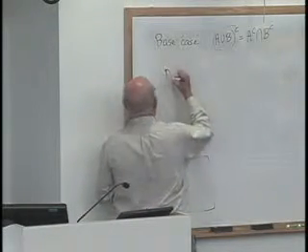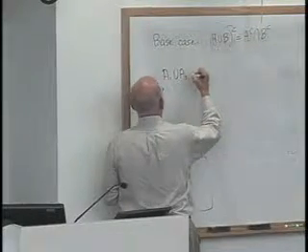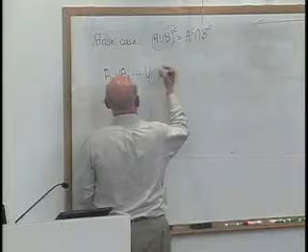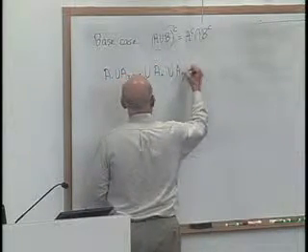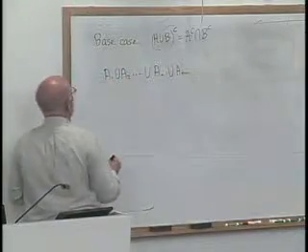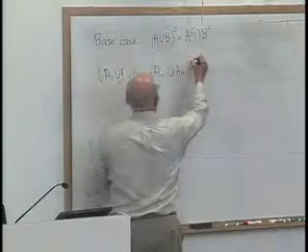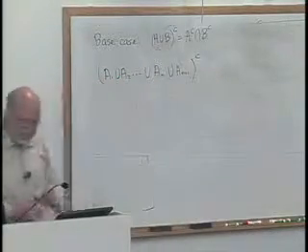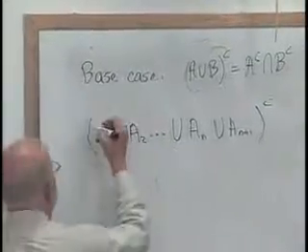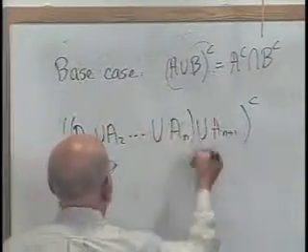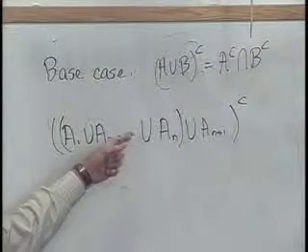So I'm going to say what I'm interested in is knowing the complement of the union of A1 union A2 union on up through AN union AN plus 1. What I'd like to do is show that a similar formula holds for this. And the standard idea in these elementary proofs is almost always you reduce the n plus 1 case to the 2 case by putting in some extra parentheses.